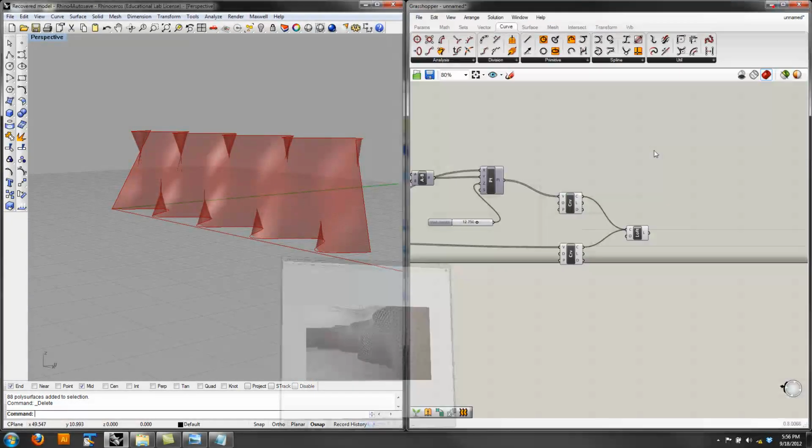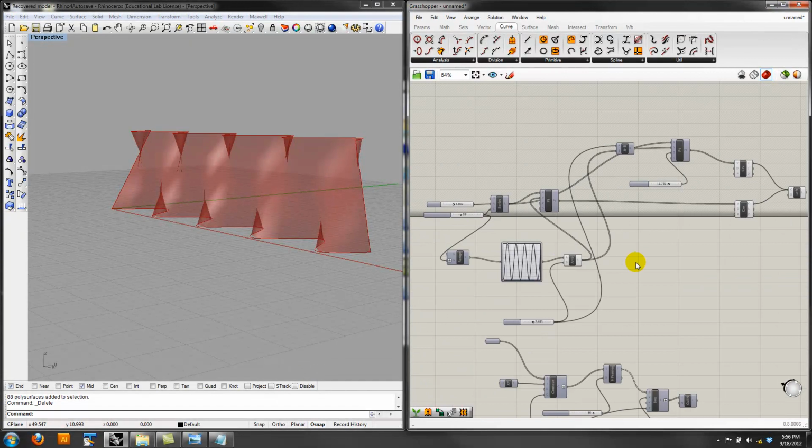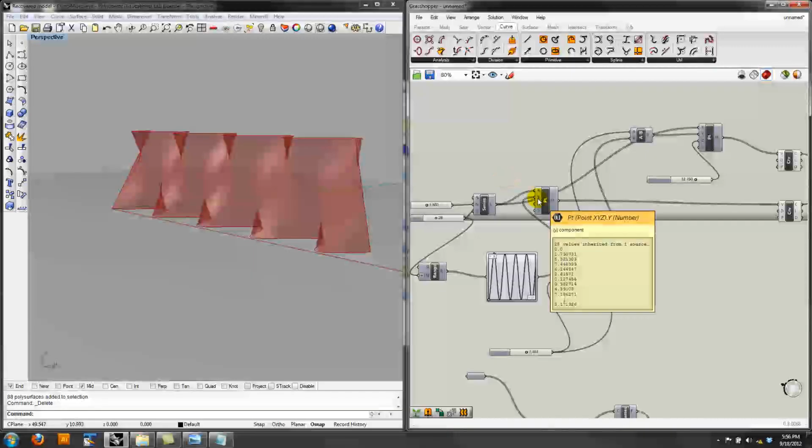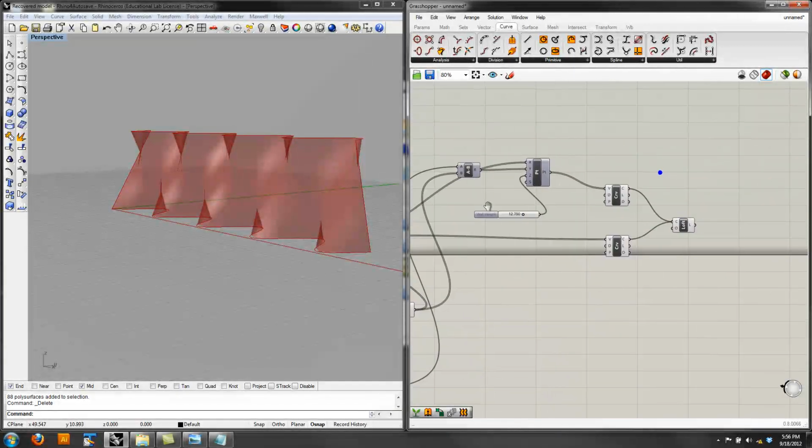Okay. Let's take a step back. To make that wall, we generated some numbers using the patterns we know to get points. We used the points to get curves, and the curves to get a surface. Okay, so from the bottom up.